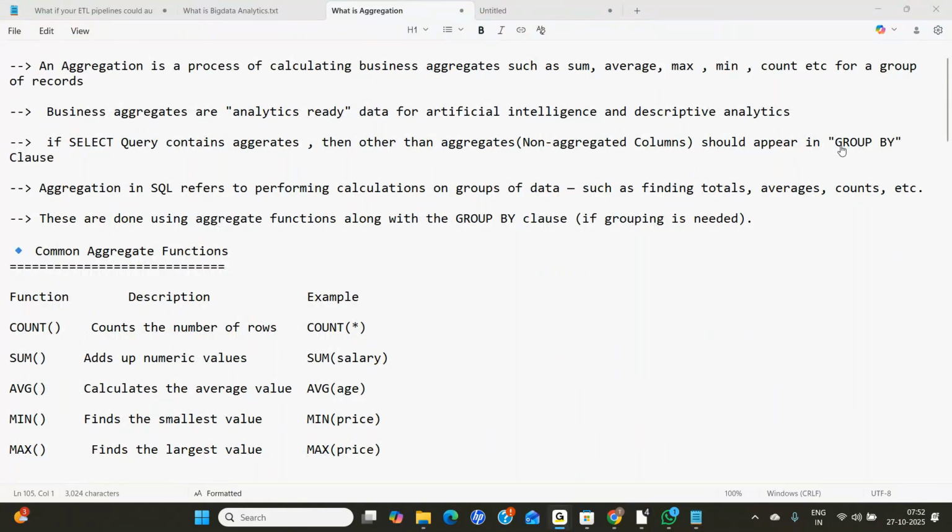You should know how to write the queries, and then you can understand the dependency part. I hope you guys are clear with these points.